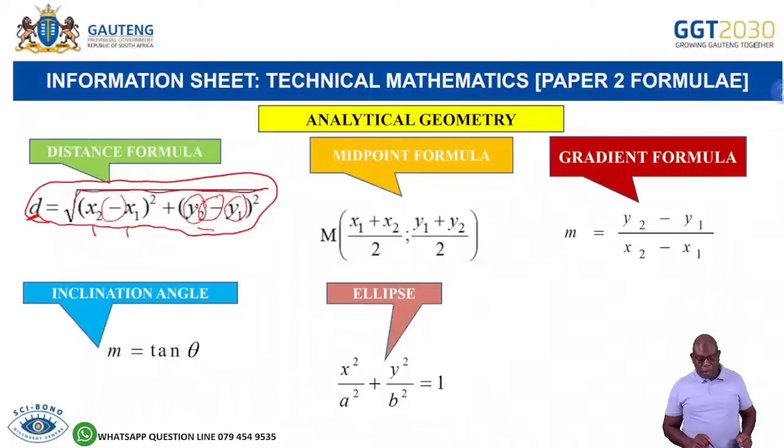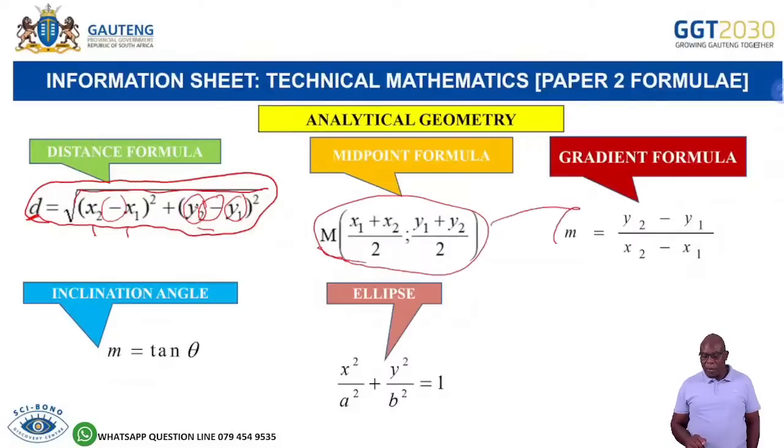Okay, now the next one is the midpoint formula. I know some of you confuse this formula with that one. The midpoint formula has a plus sign in between. So I'm just adding. It doesn't matter if I say x2 plus x1 or y1 plus y2, because I'm adding.